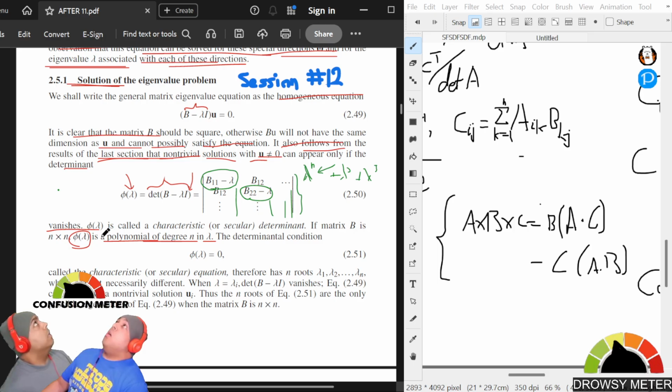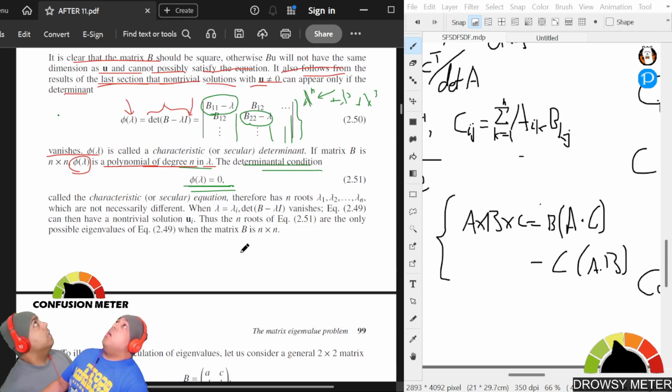If matrix B is n by n, phi of lambda is a polynomial of degree n in lambda, and the determinantal condition phi of lambda equals 0 is called the characteristic equation.